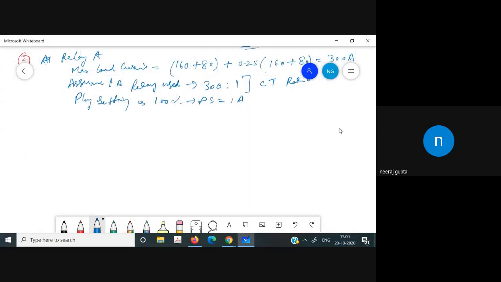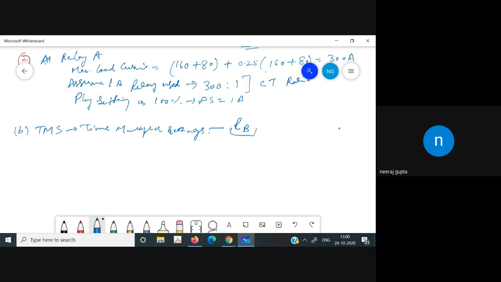Now we discuss the time multiplier setting, TMS. As we have done in the previous case, we start with the remotest relay. In this case, the remote relay is RB.